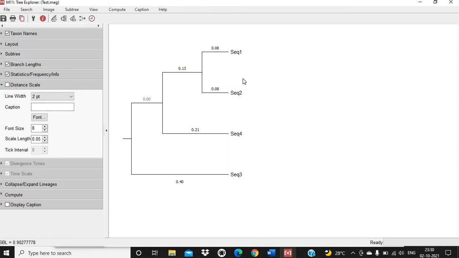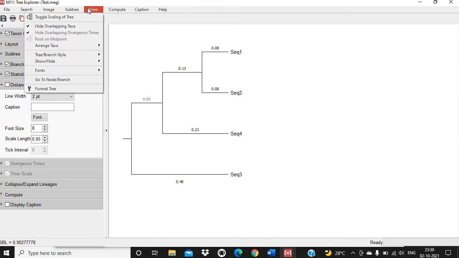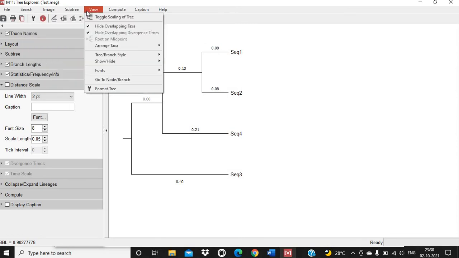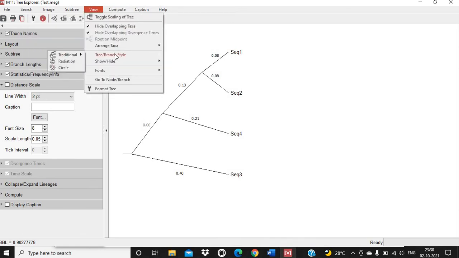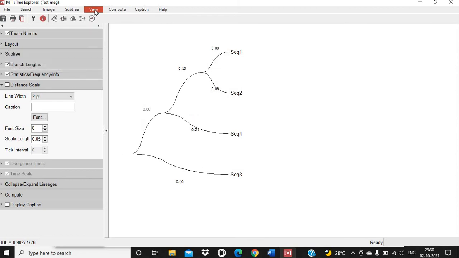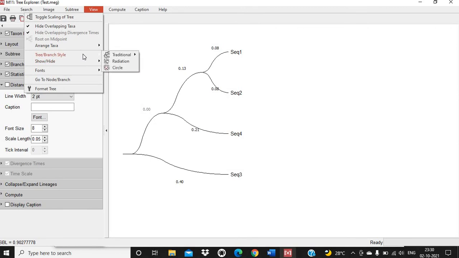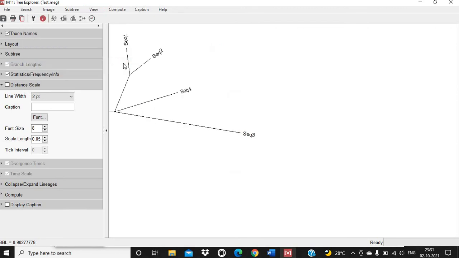And in this way, you can construct the phylogenetic tree, and you can also change the style of the branch. You can change it to straight, or to curved, or you can show it as radiation.